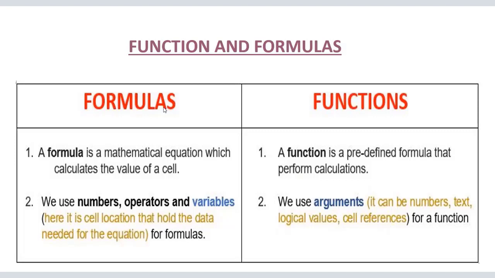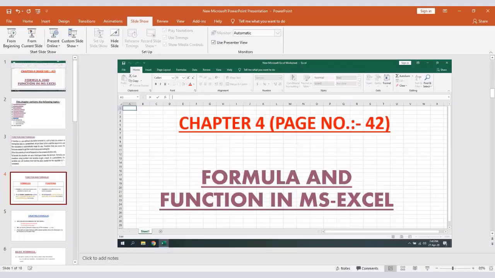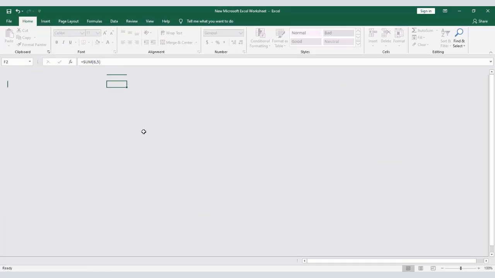I've already told you about variables. They are the cell locations that hold the data needed for the equations. And in functions we have arguments, that is numbers, text, logical values, cell references that we use for our functions. Now I will show you how to do it in the Excel sheet.